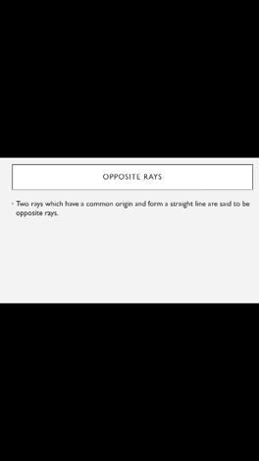Suppose one angle is 60 degrees, then the second angle should be 30 degrees, and their sum will be 90 degrees. Then we can say the two angles make a pair of complementary angles.